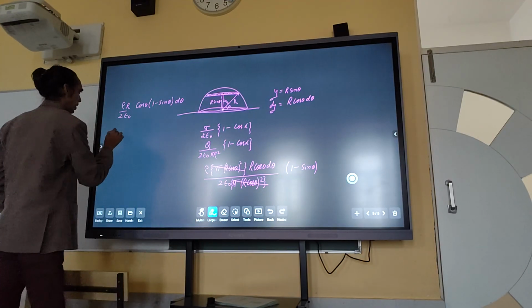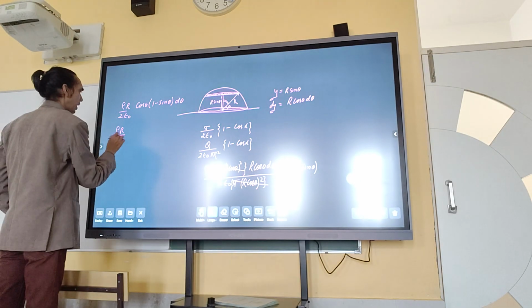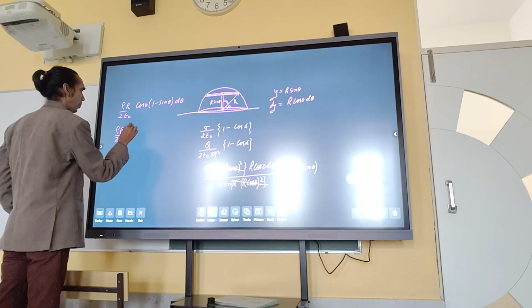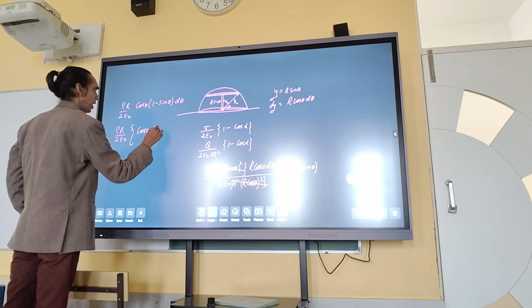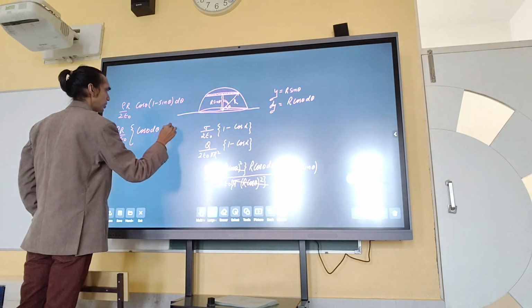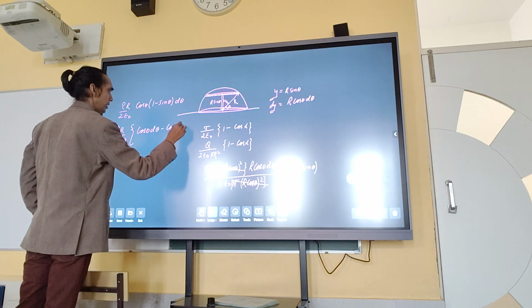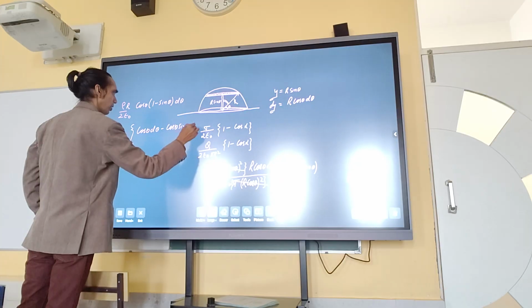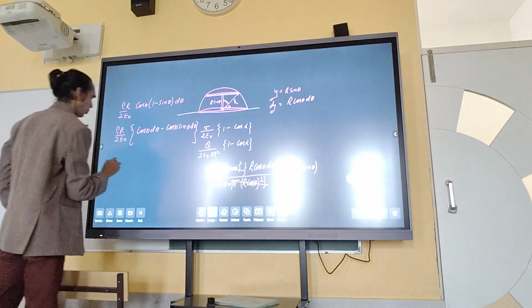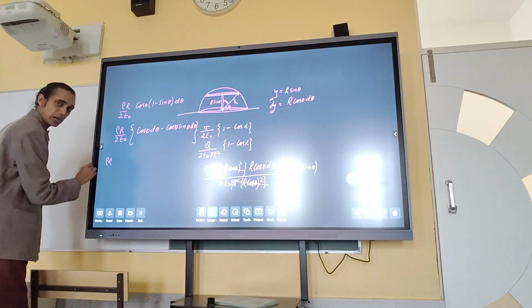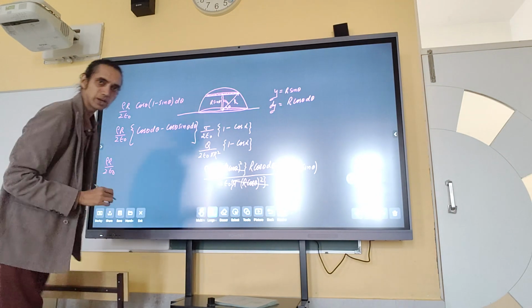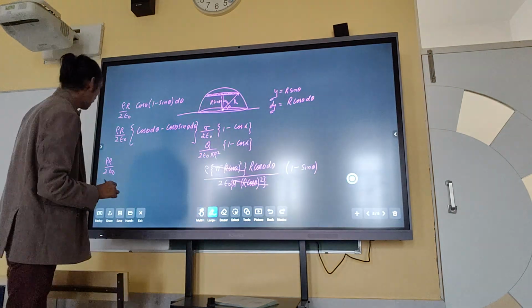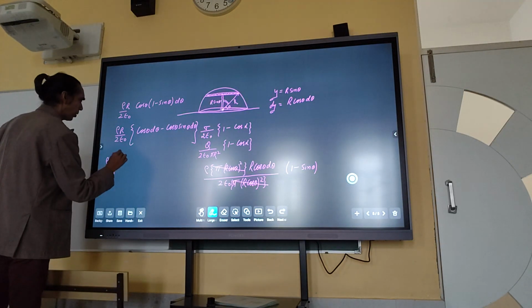This is what we get: rho r by twice epsilon naught, bracket open, the first one is cos theta d theta, the second one is cos theta sin theta d theta. Fair enough. Rho r by twice epsilon naught, bracket open.